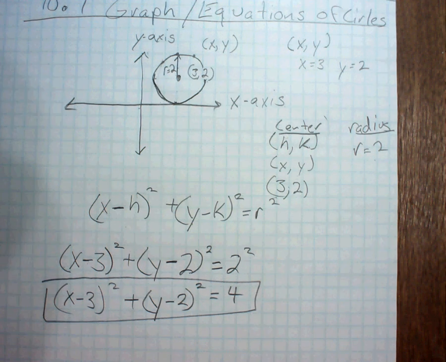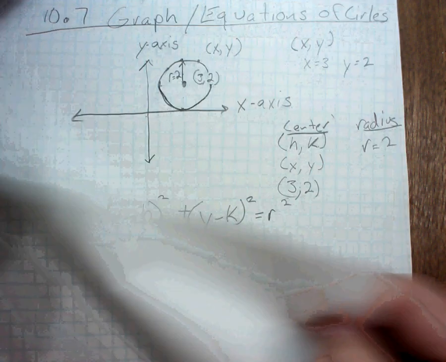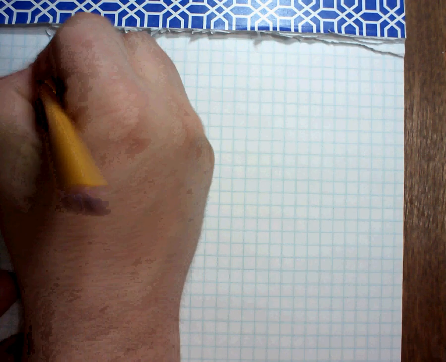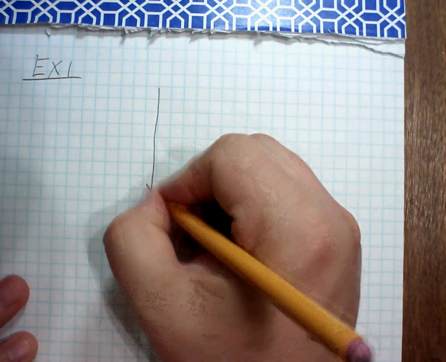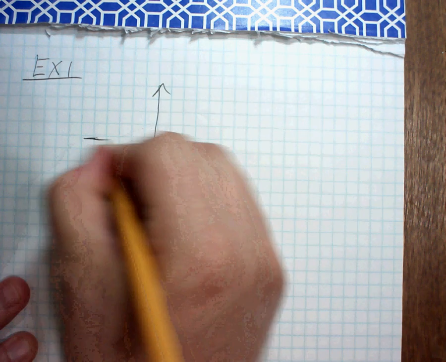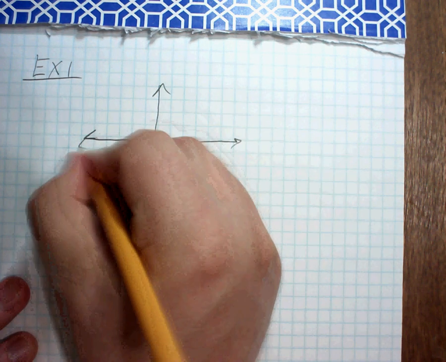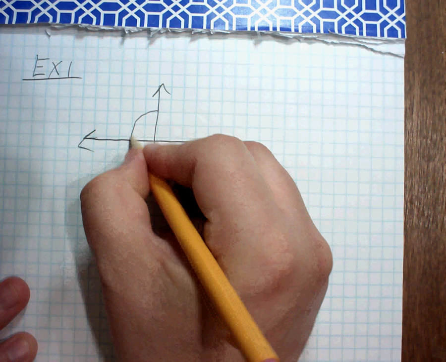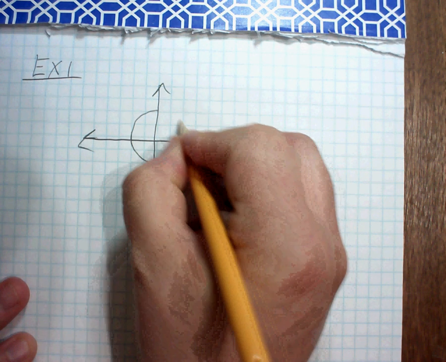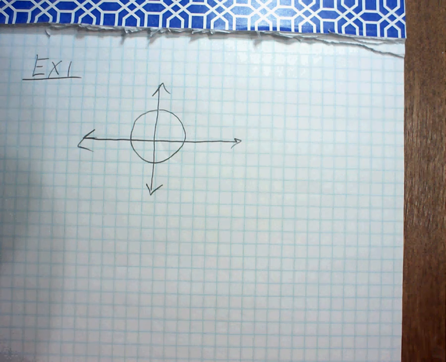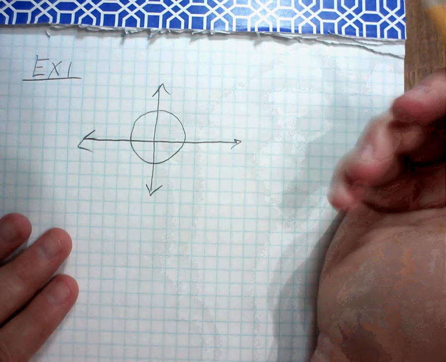So let's move forward and do example number 1 real quick. So now for example number 1, I have a circle that looks like this. Okay? And it's not the best drawn circle.